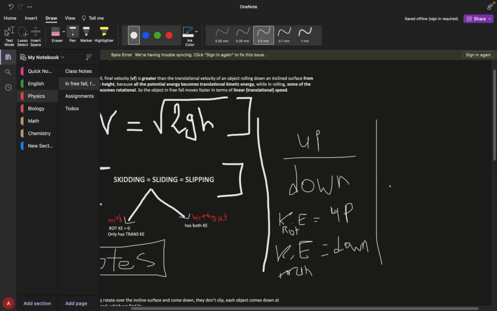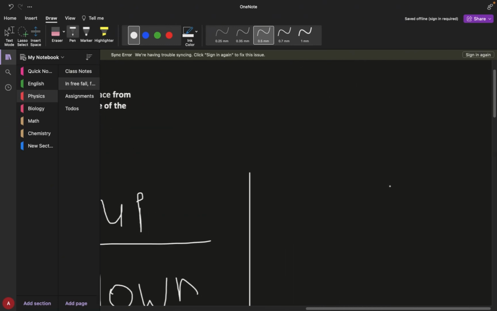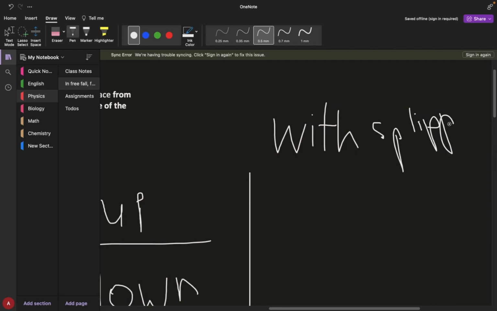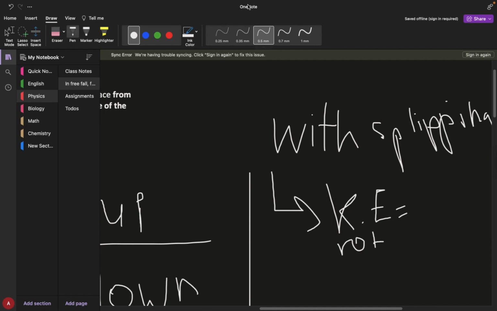Let me just go back to the question. It says with slipping, guys. With slipping tells me that there is no rotational motion. So no rotational kinetic energy, so this is 0.